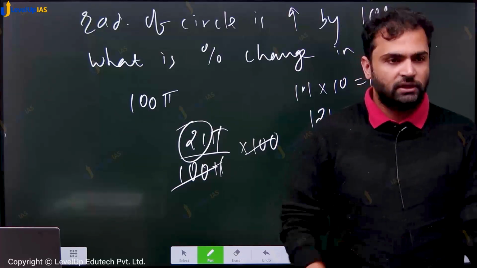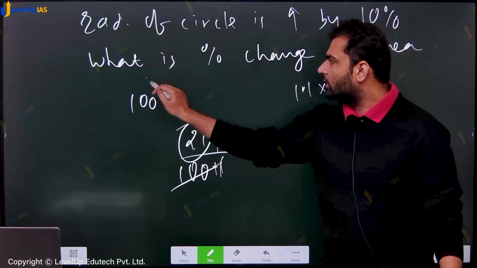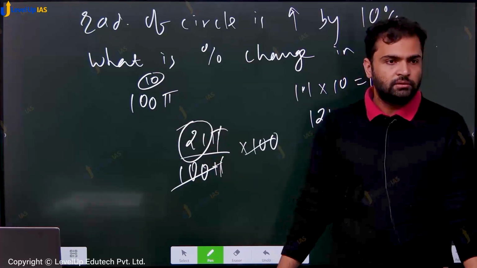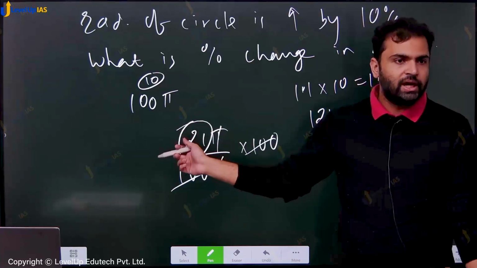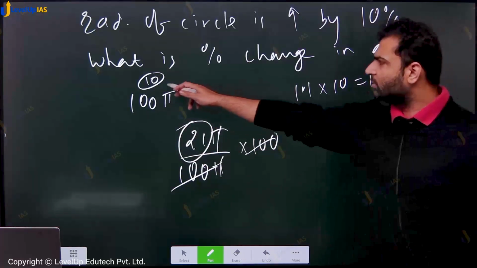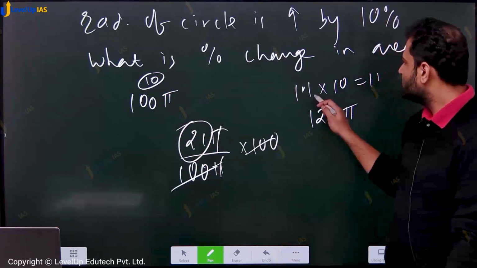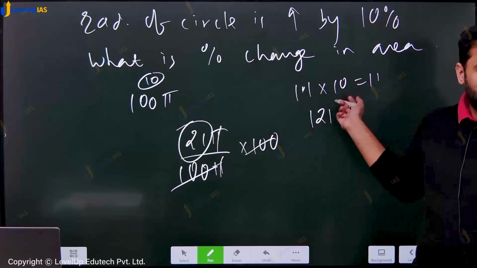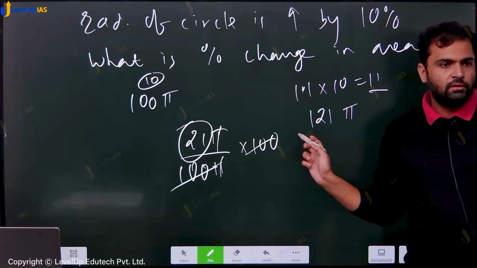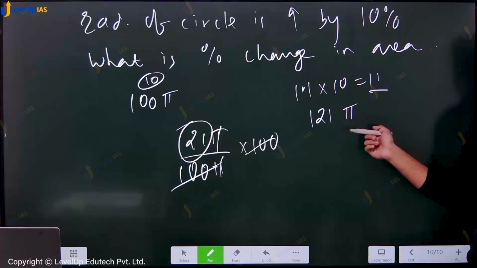हाँ, ये वाला. हमने assume किया initial radius is 10. What would be the initial area? 10 into 10 into pi. Pi r square. 100 pi. So we increase this radius by 10%. So it becomes 1.1 into 10. So 11. Now what is the area? 121 pi.